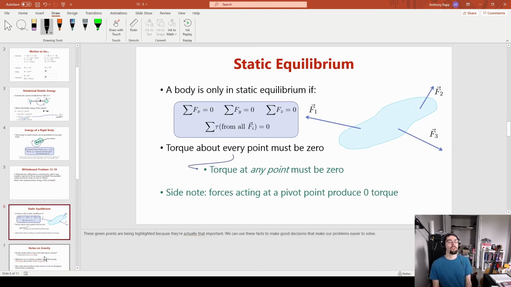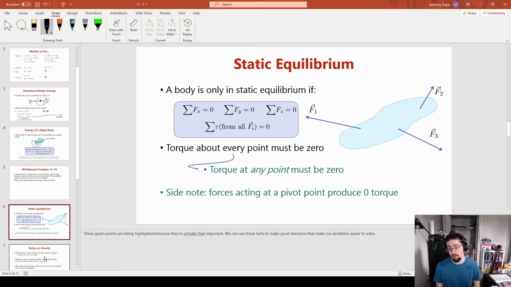Our definition of static equilibrium has to expand a little bit. So far we know static equilibrium is when all of the forces cancel out, the net force is zero, and we have no motion. With rotation, I'm not moving anywhere in that same sense. There's no translational motion, it's not going from A to B, but I'd still argue it's moving.